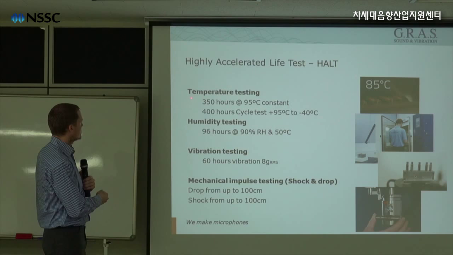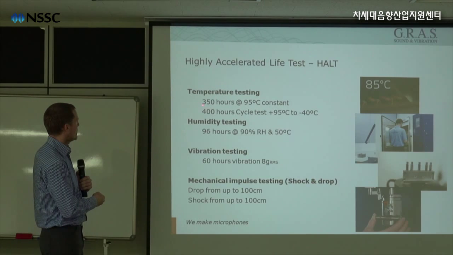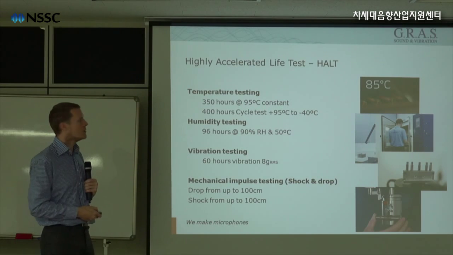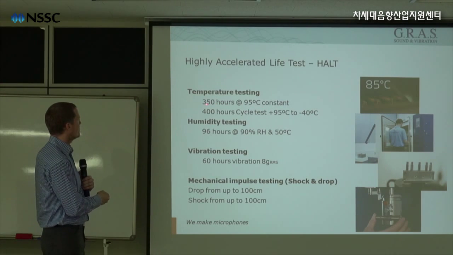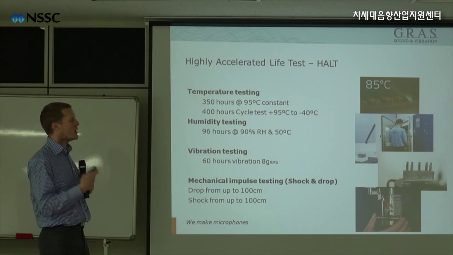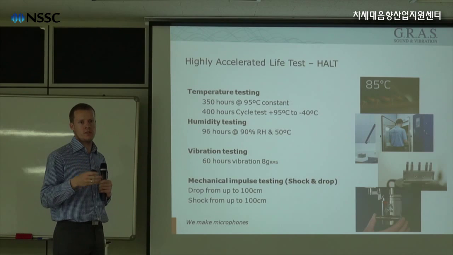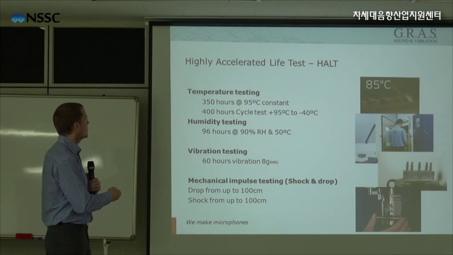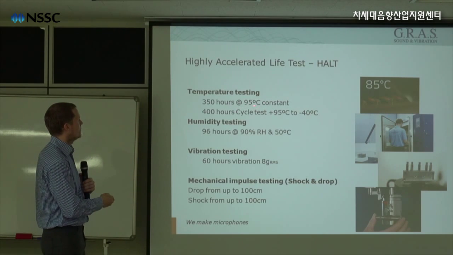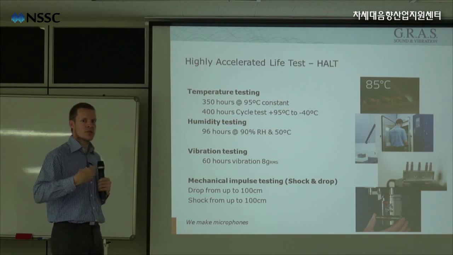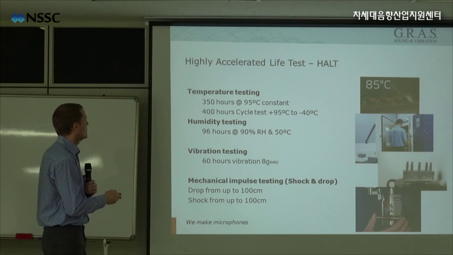The temperature test is a 350-hour test at a constant temperature of 95 degrees. So this is a very extreme test for a microphone, and typically the microphone is specified up to 50 or 55 degrees, but we go 40 degrees higher in this test to test it beyond the limits.